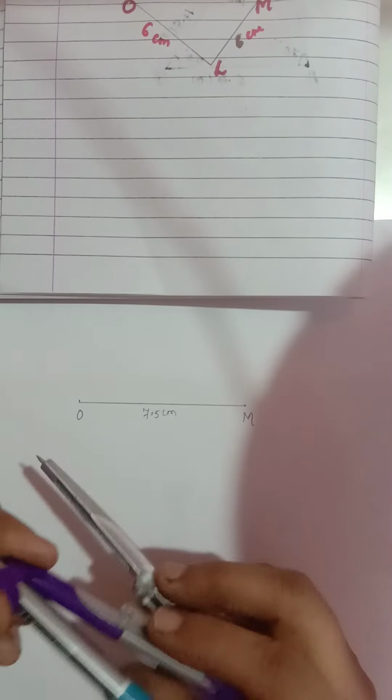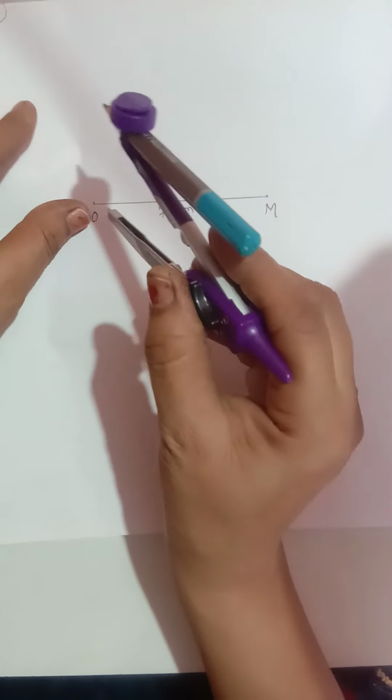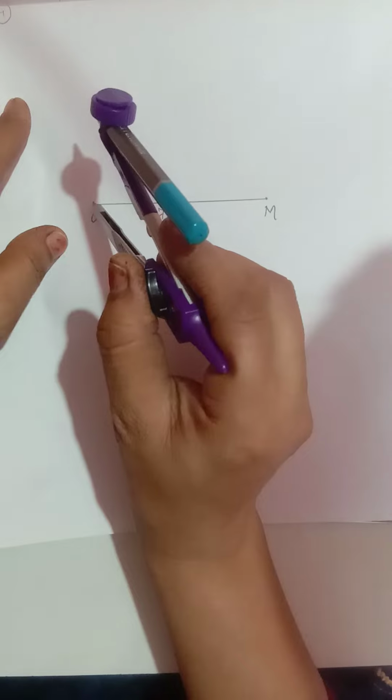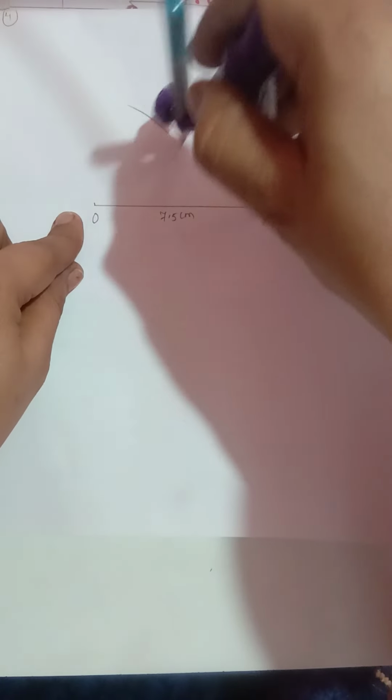Now what are we going to do? We'll keep this at point O and draw one arc. See children, at point O I am keeping and drawing one arc. Now shift the place, keep at point M and draw one more arc.